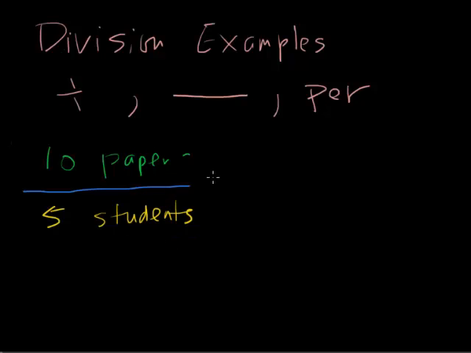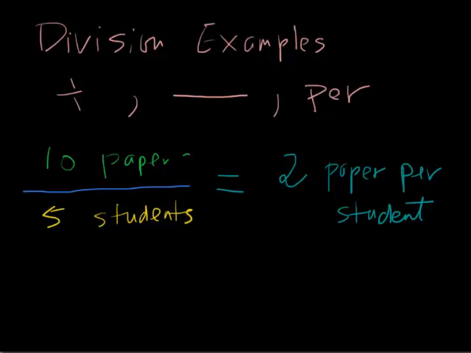Well, this is clearly a division problem, right? Division means to distribute. You have something, you want to give it out, and you're trying to figure out how many each person gets. So 10 sheets of paper over 5 students is equal to 2 sheets of paper per student, right?